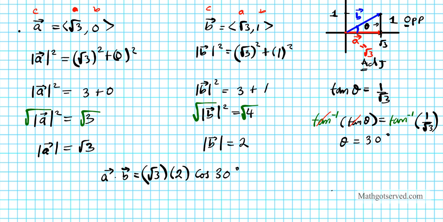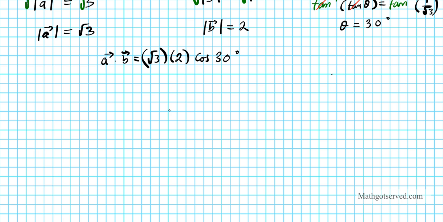Alright, so we can do this by hand. This equals root 3 times 2, which is 2 root 3. Cosine 30 degrees is root 3 over 2. You can check that using your chart. So the 2 and the 2 cancel out. And then root 3 times root 3 is root 9, which equals 3.